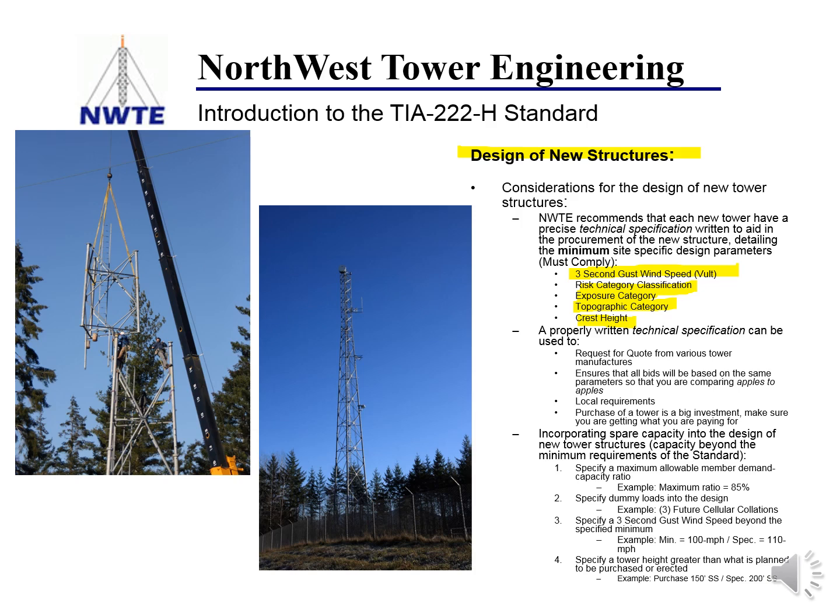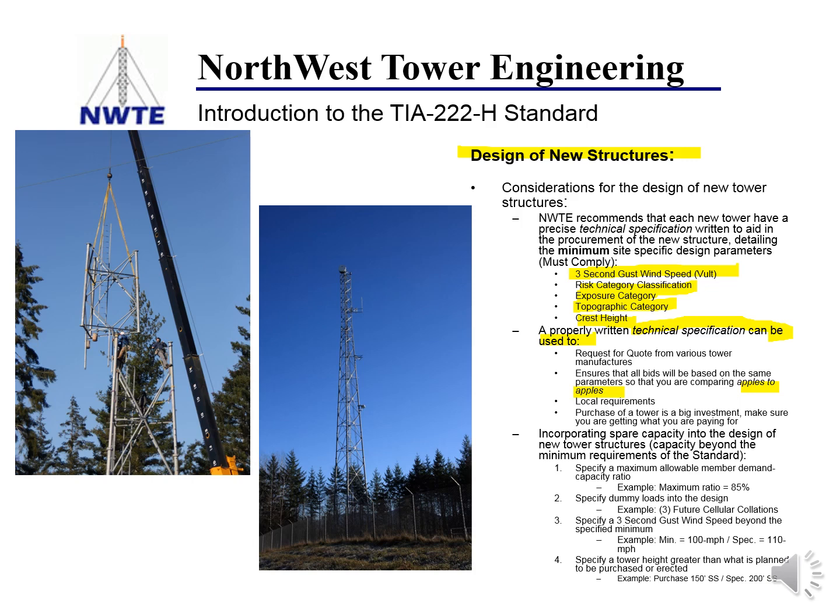So we strongly recommend that you have a design professional write a technical specification. That way when you go out to bid, you will get an apples-to-apples comparison between the tower bidders, not just whoever skimped on these categories and parameters.